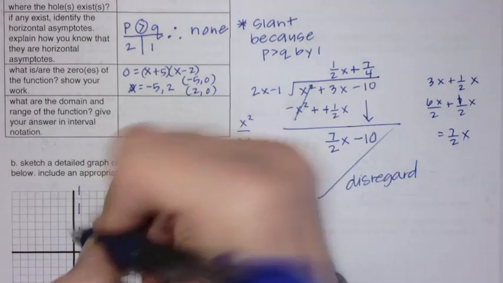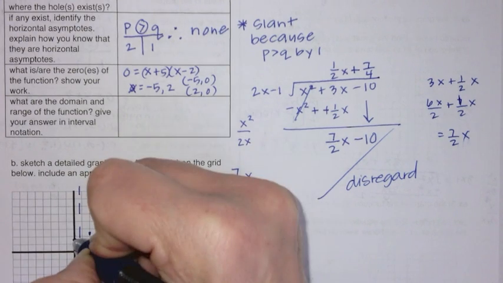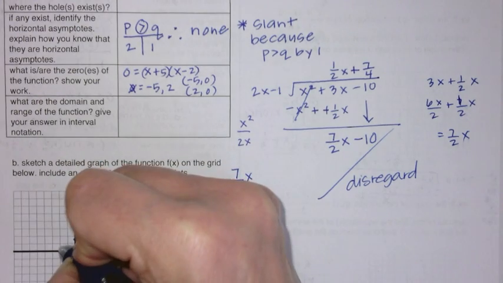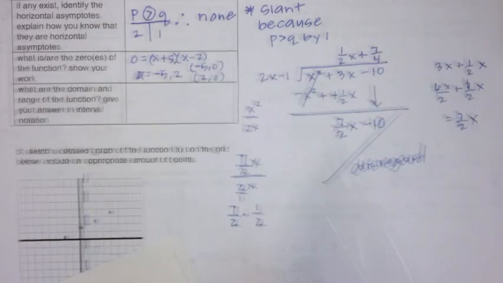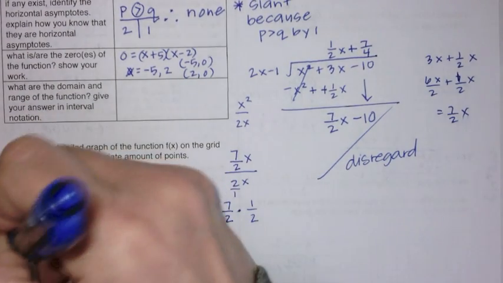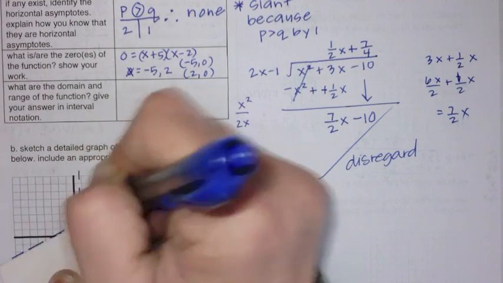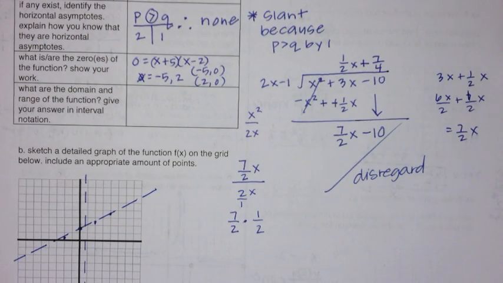And then I'm going to go up 1 over 2, up 1 over 2. Maybe I'll go back 1 just to give myself a couple of points to draw a very nice and accurate slant. All right, so there I am there.